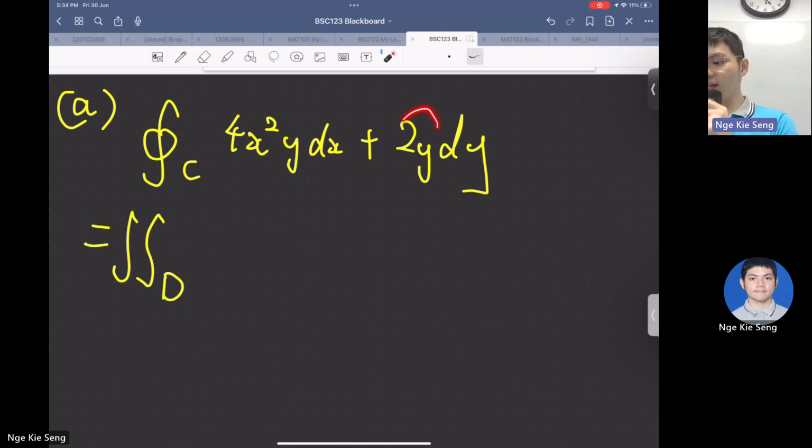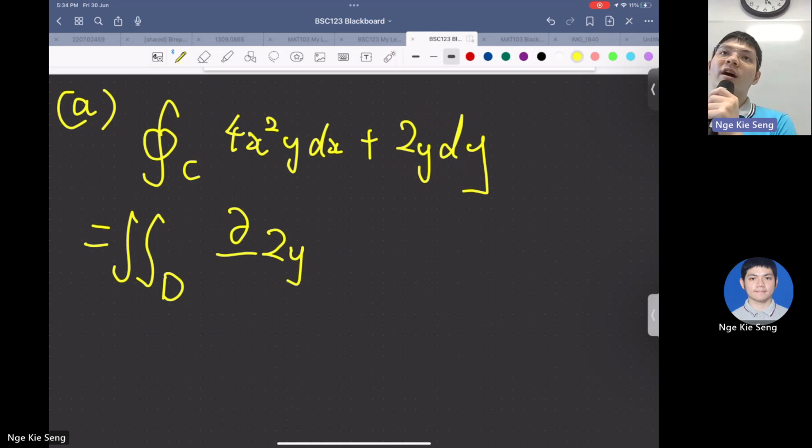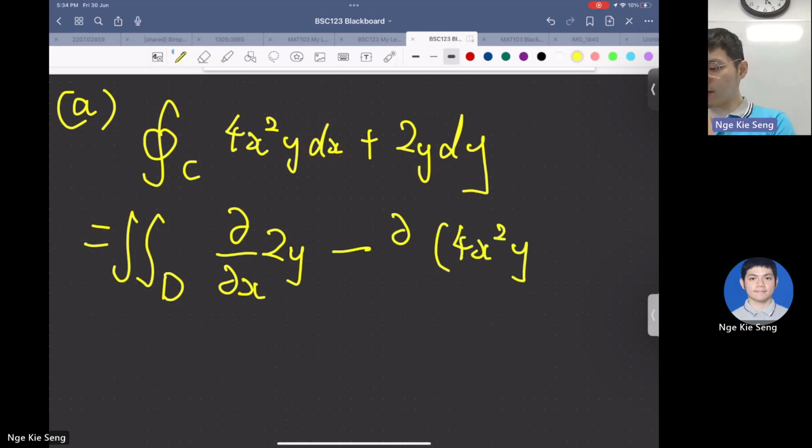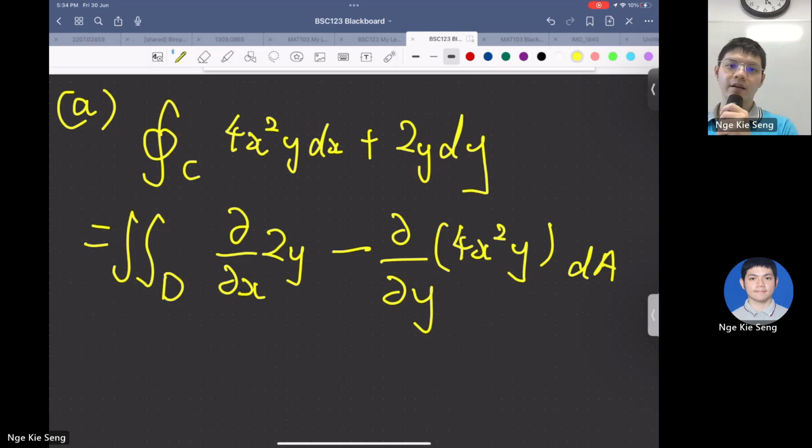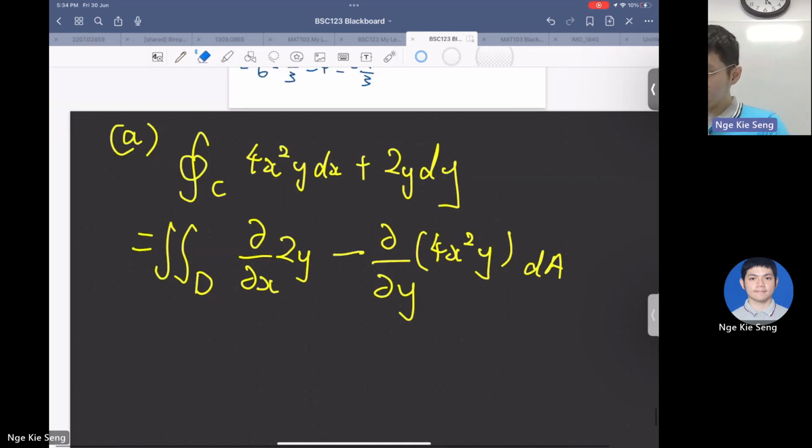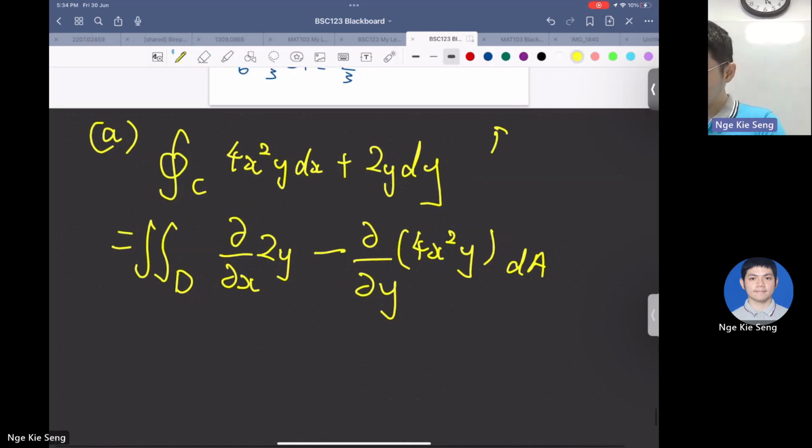You take the one on dy and differentiate with respect to x, the opposite one, and then minus the one that comes from dx, differentiated with respect to y, the opposite one. And this is dA.